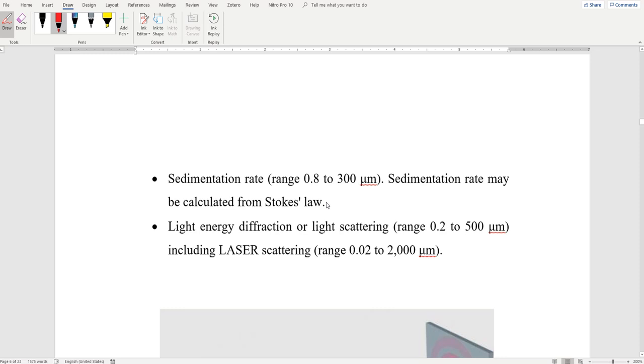Another method to measure the particle size is through sedimentation rate. If you remember, we talked about the suspendability of the particles, and we said that according to Stokes law, the larger the diameter, the faster the sedimentation rate.